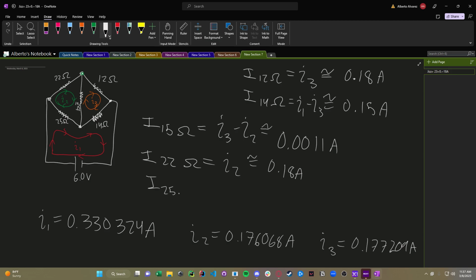And I25, the current through the 25 ohm resistor, again, we see that I1 is going down, but I2 is going up. So we have to consider which one's the dominant current, I1 or I2. And in this case, it's going to be I1, right? 0.33 versus 0.17. So the net current is going to be I1 minus I2, and that's roughly 0.15 amps.